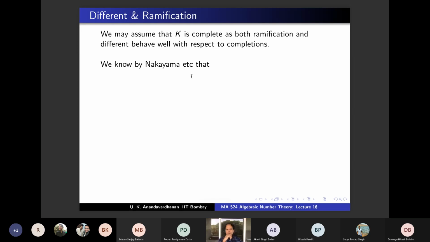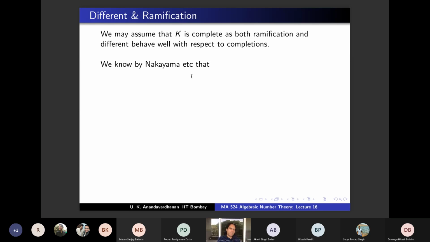Okay, so we know by this result where we applied Nakayama and some valuation in the last class, we proved that in the local situation, whenever you have a DVR and one prime lying above, the ring of integers B is A bracket alpha for one alpha.